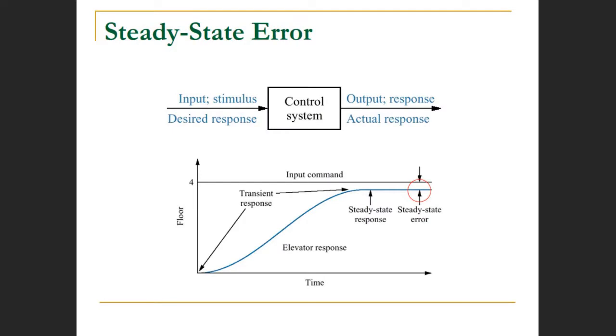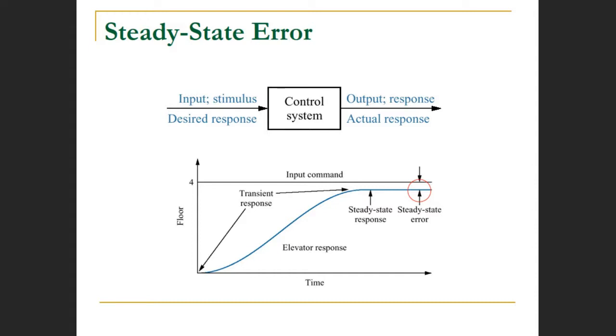Let's now look at steady state error. And we did cite steady state error as one of the characteristics that is used to assess the performance of a control system. All right. And so we appreciate that steady state error occurs in the steady state response.